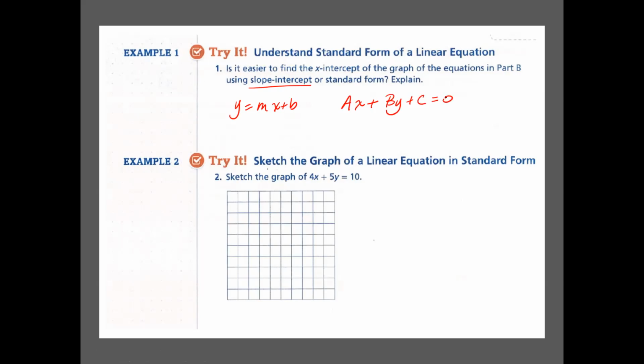So is it easier to find the x-intercept of the graph? Well, to find the x-intercept of something, you will have to set y equal to 0, and figure out what x is equal to.